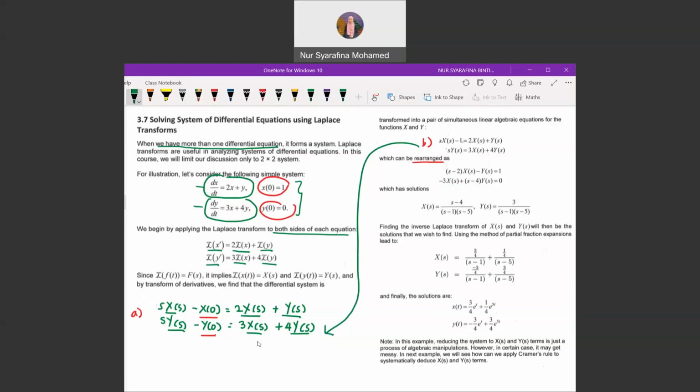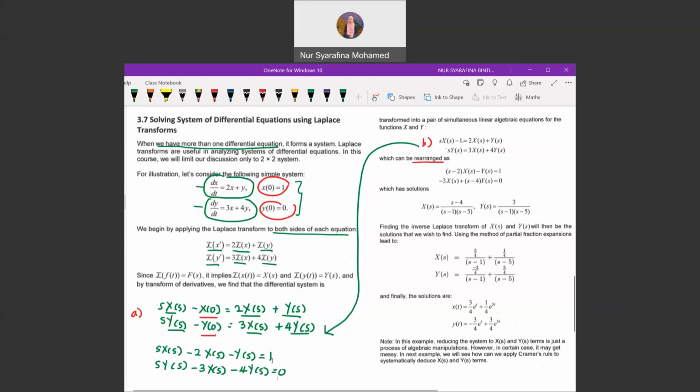So we put sX(s) minus 2X(s) minus Y(s) equals 1. And then sY(s) minus 3X(s) minus 4Y(s) equals 0. All of the X(s) and Y(s) go to the left hand side here.